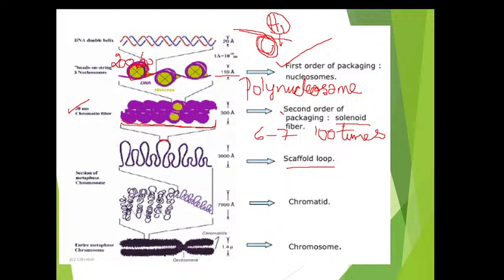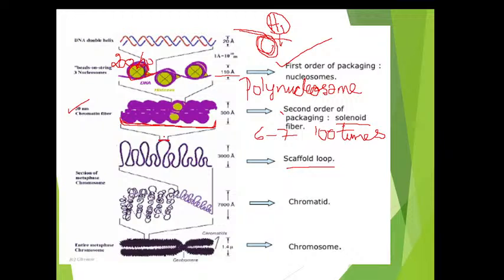See the structure, this much DNA is tightly packed in this small part. Again the condensation takes place. See this image: this much chromatin is only a little amount of this solenoid. As a result of the coiled loop formation, the packaging of the DNA molecule takes place.